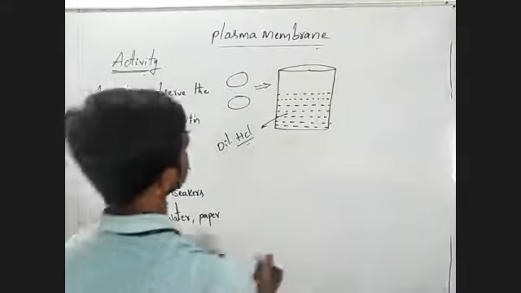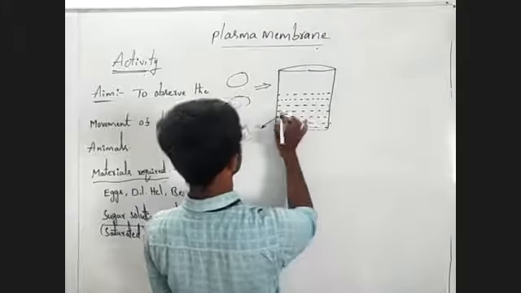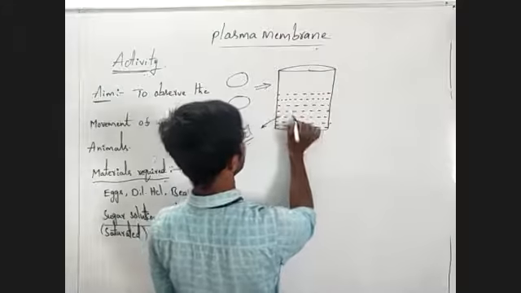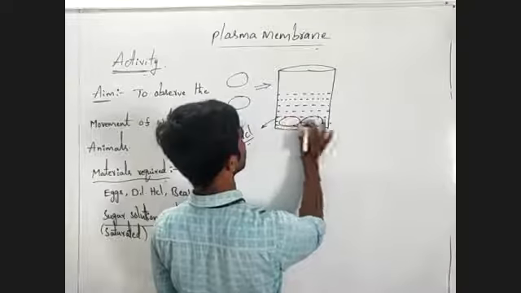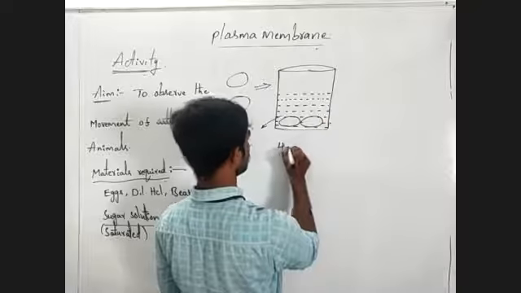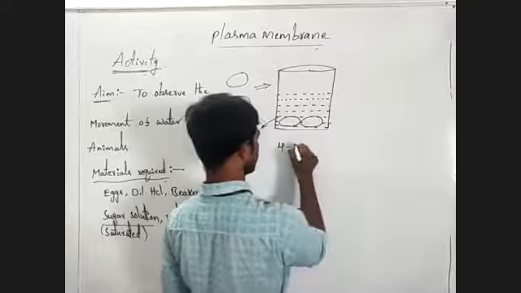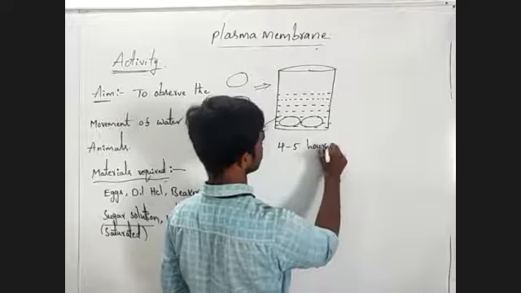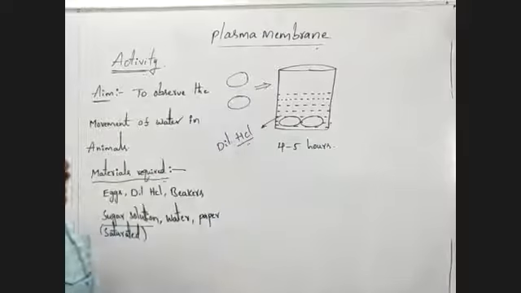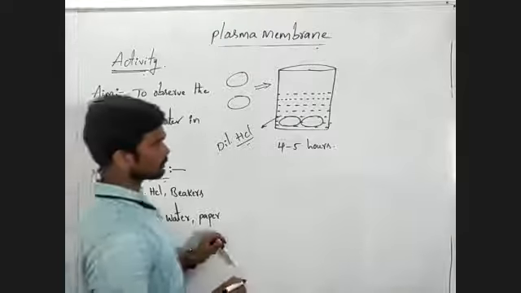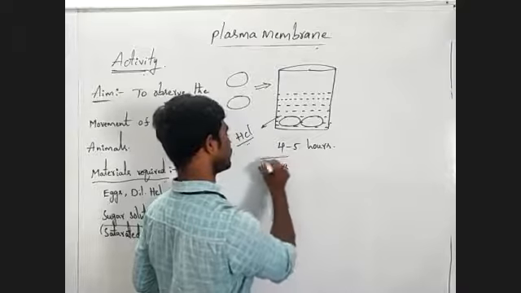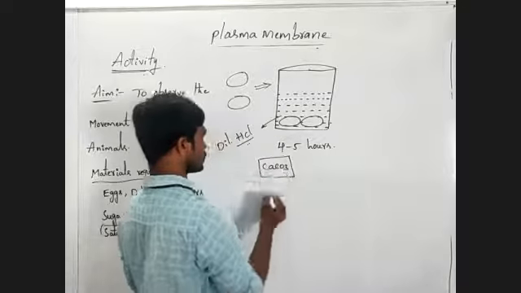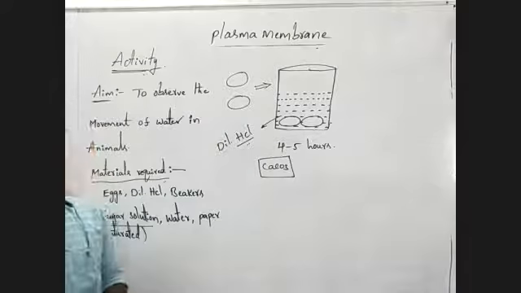Next, you have to place the two eggs in it and leave it for 4 to 5 hours. After 4 to 5 hours, you can observe eggs without shell. Shell means calcium carbonate, the white colored structure present around the outside of the egg.